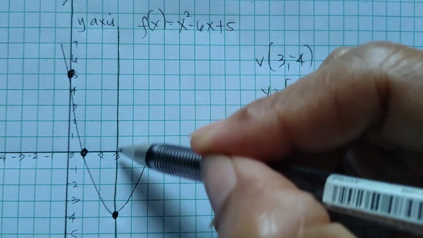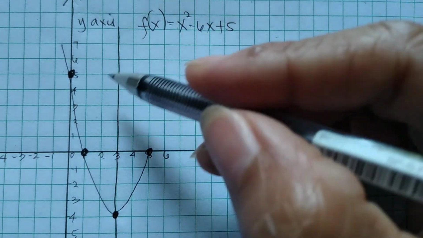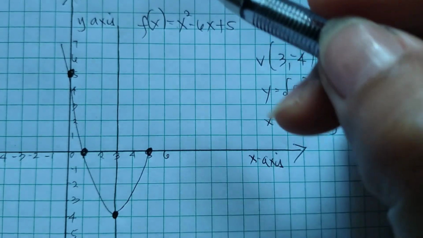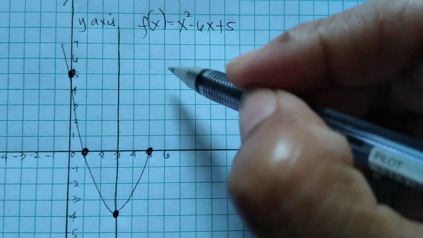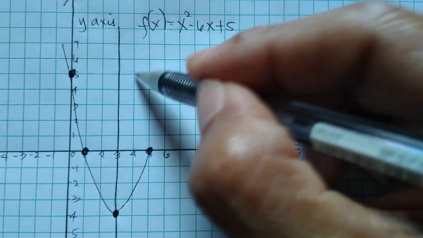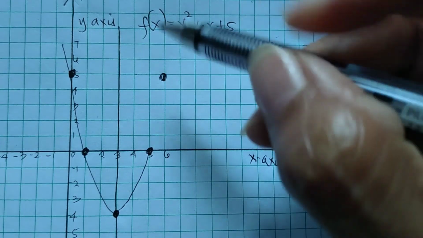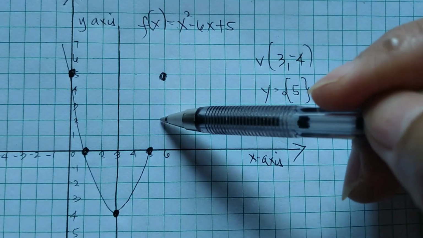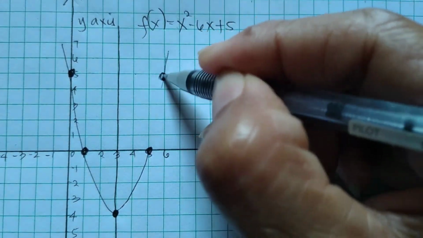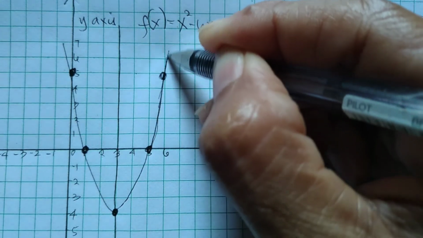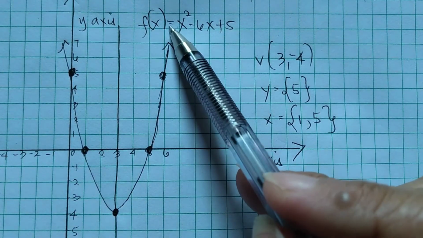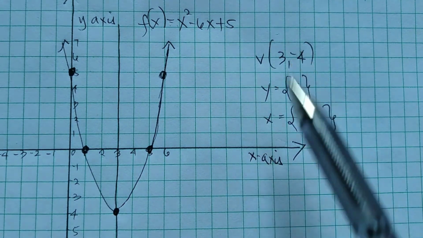So since that is our line of symmetry, we can now see the symmetrical points of the graph, points in the parabola. The symmetrical point of this one is this one. The symmetrical point of this point is that point. So we have now our parabola. That is the graph of the function f of x is equal to x squared minus 6x plus 5.